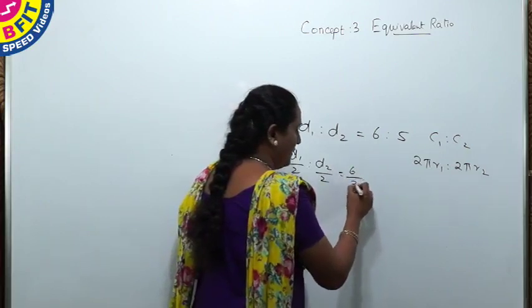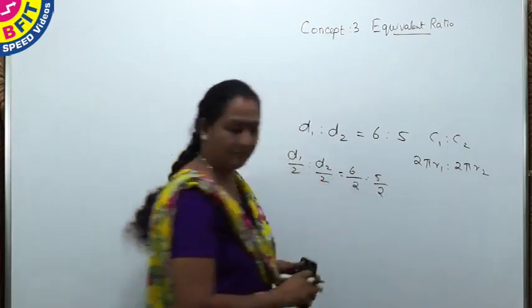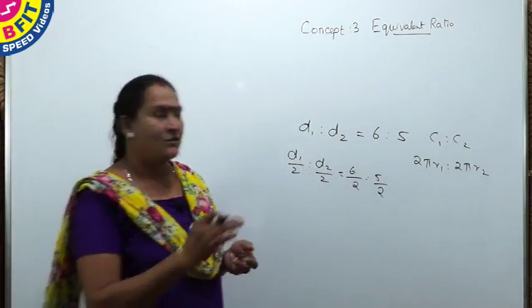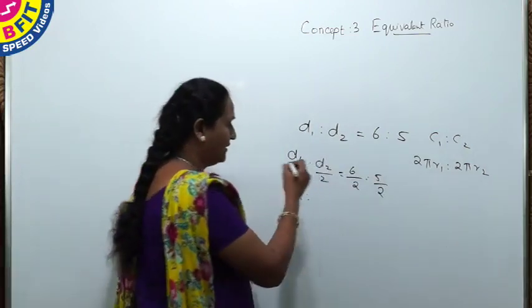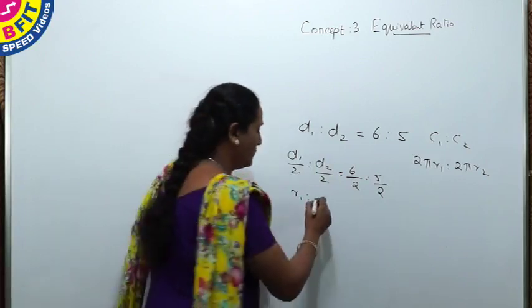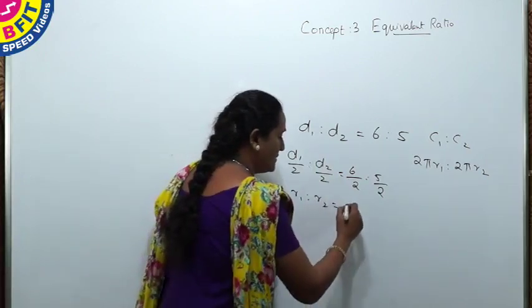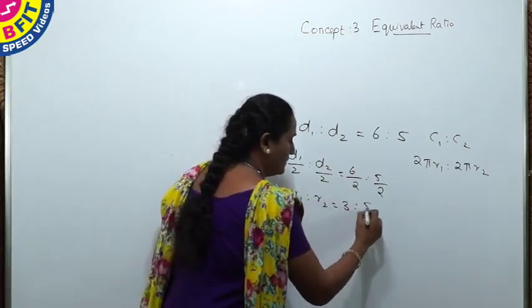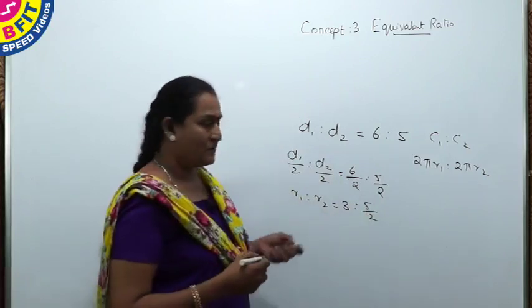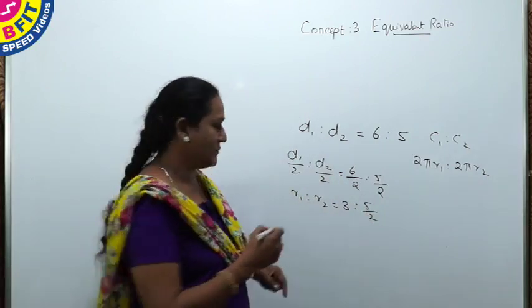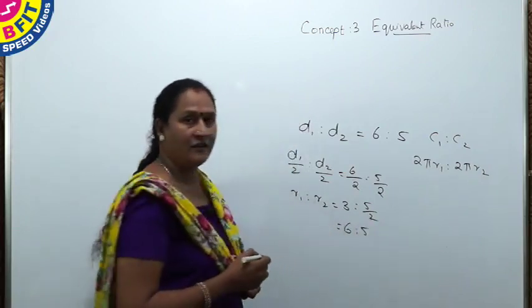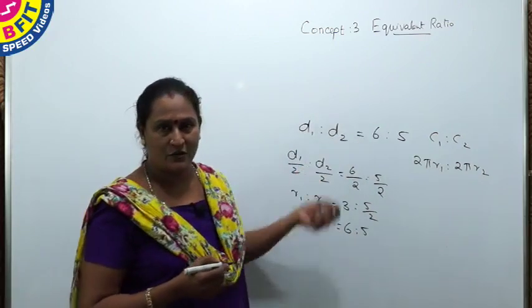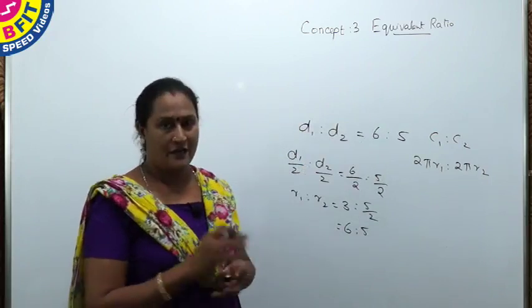So when you divide the diameters by 2, you get the ratio of radius, which is equal to 6:5 divided by 2, that is 3:5 by 2. Now multiplying this 2 back to the first part, 6:5. So we have got the same ratio as the diameter for radius also.